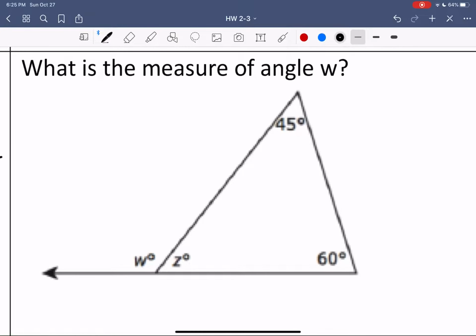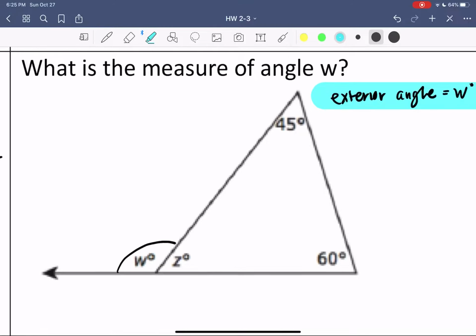Hopping around again to our exterior angle theorem. So the exterior angle here equals W. So here's our exterior angle, and here's the exterior angle.